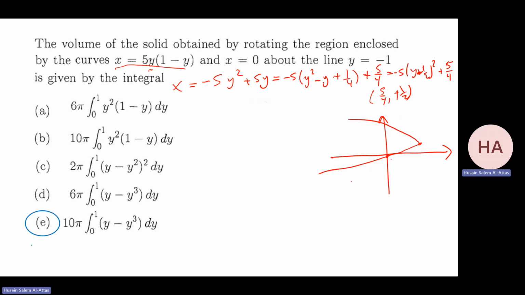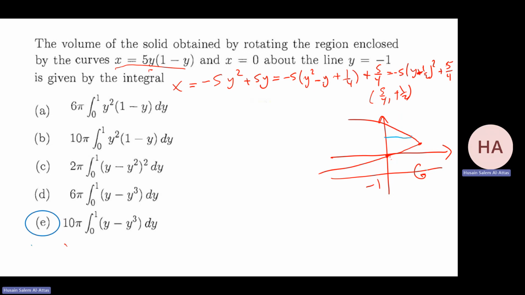And this is the axis of revolution, y equals minus 1. This is my axis of revolution. The region is this, and with x equals 0, which is the y-axis. I'm talking about this region. Now let me draw the line. The line, I will make it in terms of y.